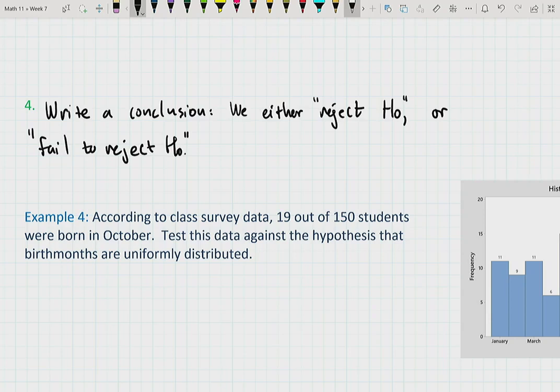In a jury trial, the jury can find you guilty, or they may not find you guilty. In order for a jury to find you guilty, they need to be sure that you are guilty beyond a reasonable doubt. Right? That's the standard of evidence. So that's what we're looking for if we reject the null hypothesis.